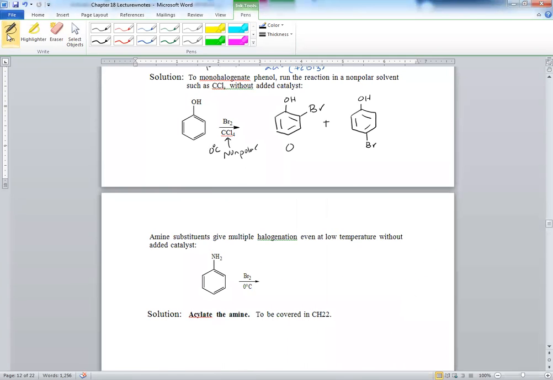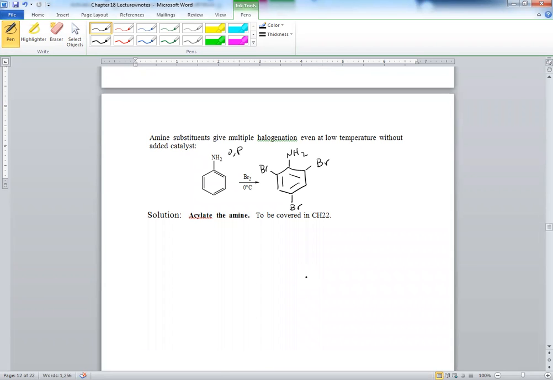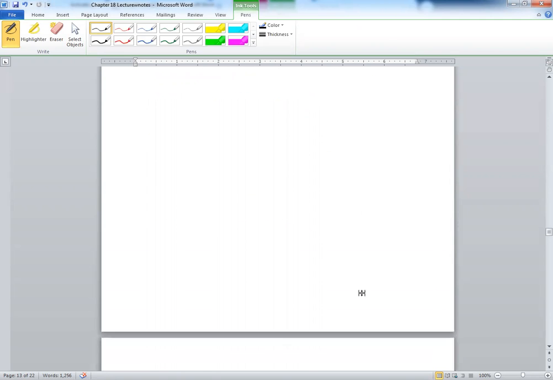So even if it's at 0 degrees Celsius, once again, this is ortho-para, you would get the polyhalogenation here. And also this is bad. Now, I'm not going to go over the solution for this because the solution is quite involved, and that will be done in chapter 22. We will get to mention that in chapter 22.